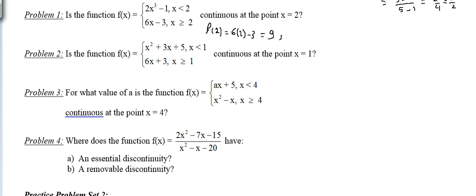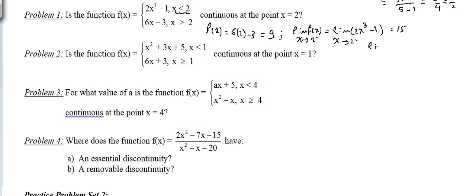Now what is the limit of f of x as x tends to 2 minus? It's in the first piece, because x tends to 2 minus means x less than 2. So it's the limit of 2x cubed minus 1 as x approaches 2 minus. We substitute 2: 2 cubed is 8, 8 times 2 is 16, minus 1 is 15.